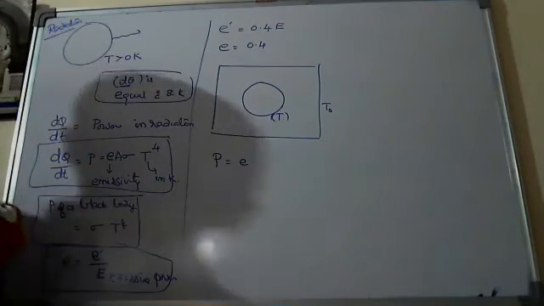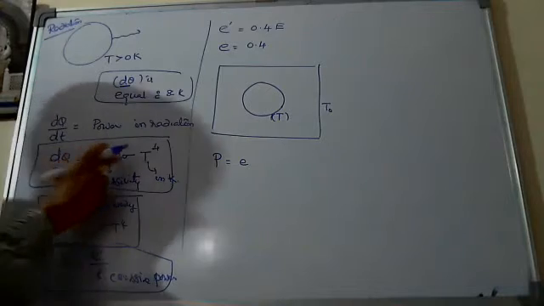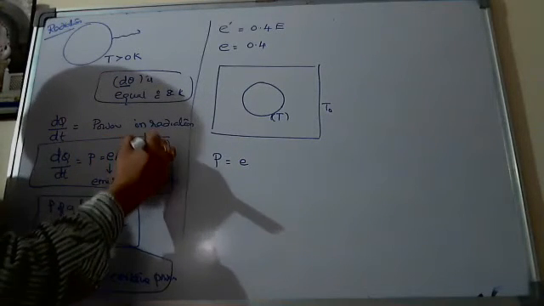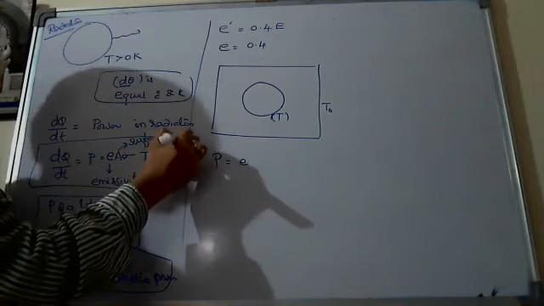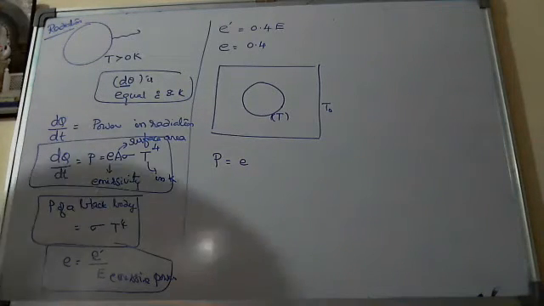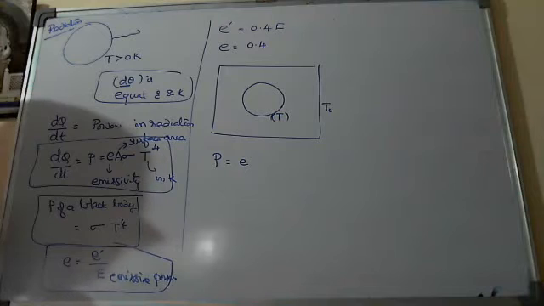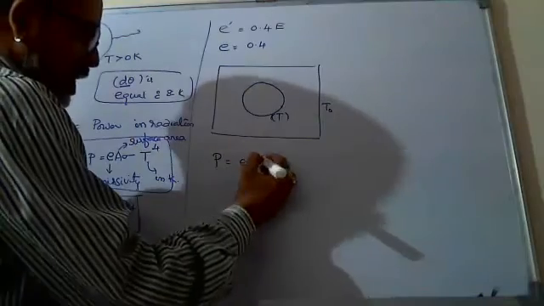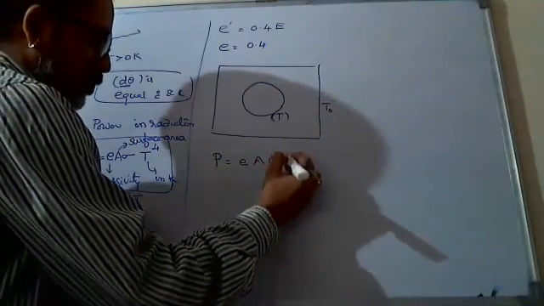Power is equal to E A sigma T power 4, where A is again the surface area. So anywhere you are getting the area: in convection and radiation, A is the surface area. In conduction, A is the cross-sectional area. Try to remember. And here power is equal to E A sigma T power 4.